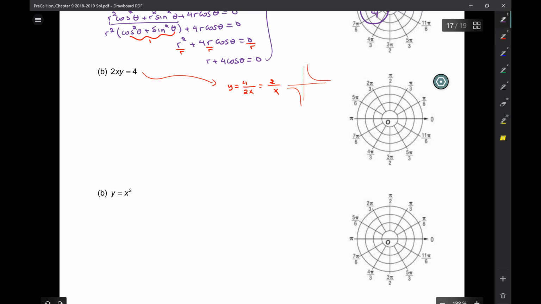Now here we have 2 times x times y, right? Because we now know x is just r cosine theta and y is r sine theta. Okay, now listen.